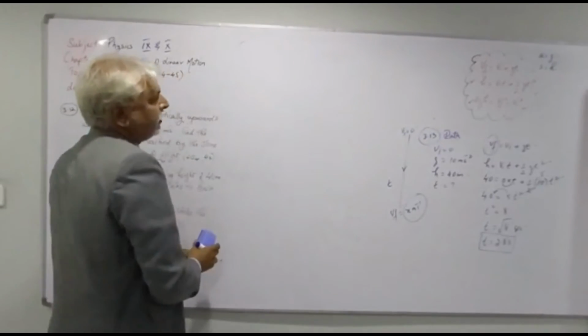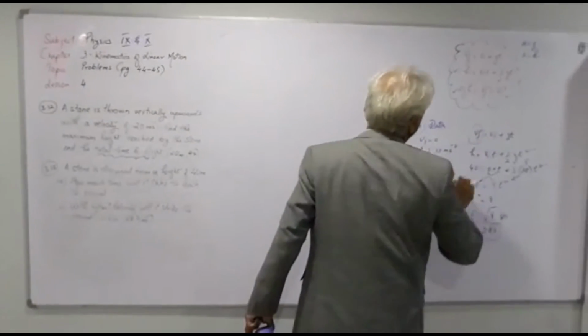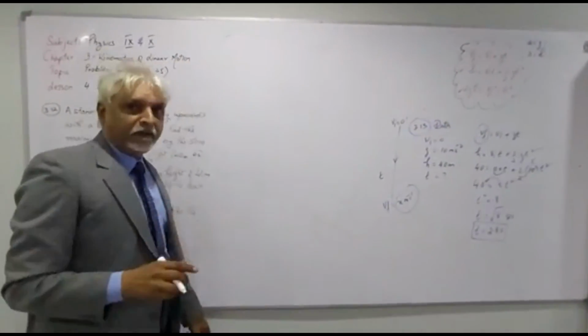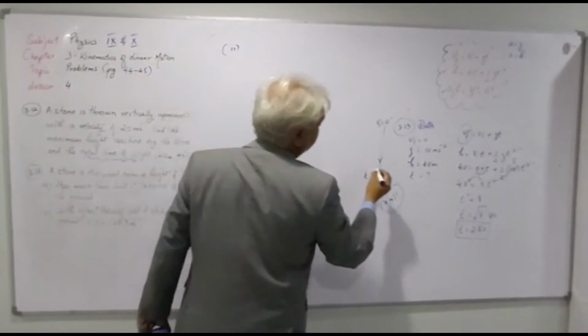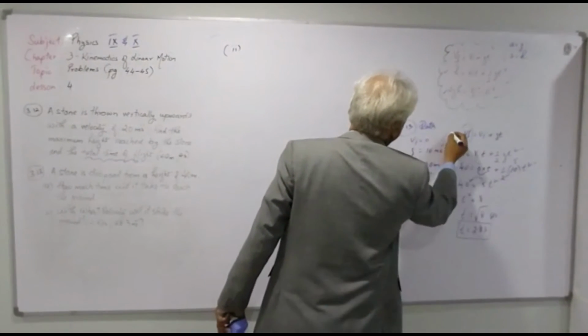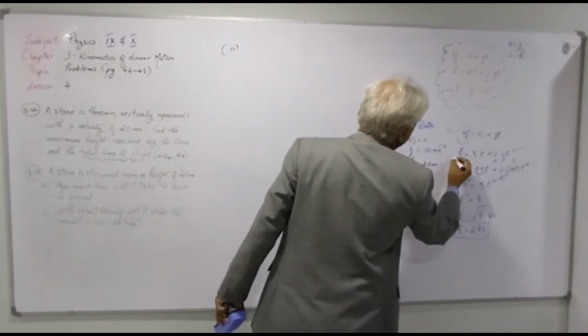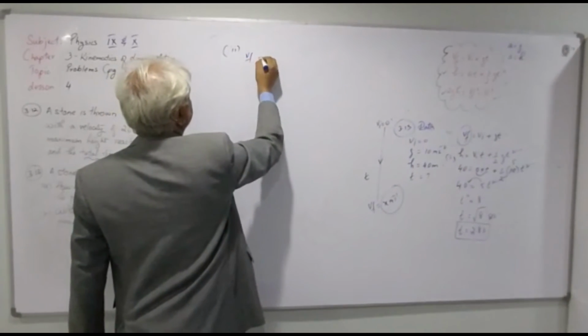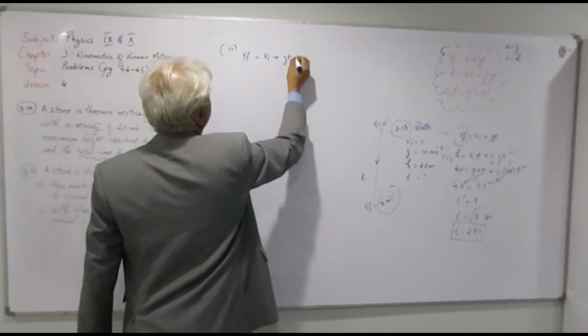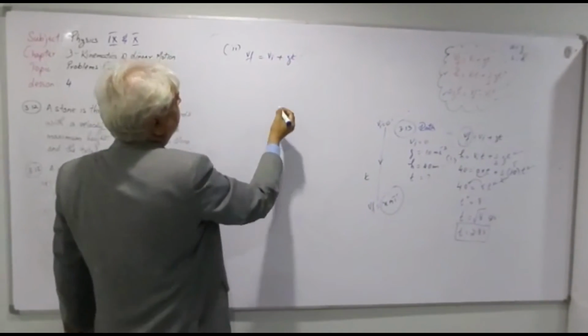So we can now use this formula, the first equation of motion, replacing A with G, acceleration due to gravity. So the second part of this question, this was the first part that we solved. Now the second part, we are using the formula Vf is equal to Vi plus Gt. It's falling with the gravity, so obviously G will be 10.